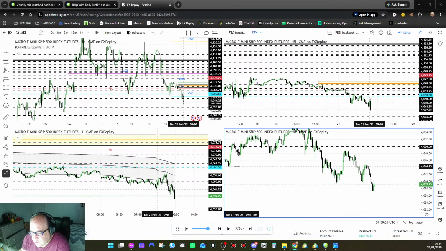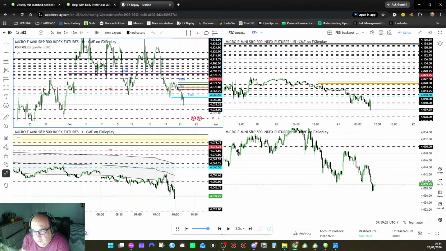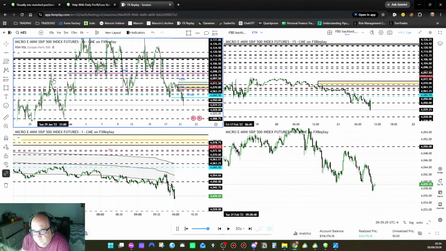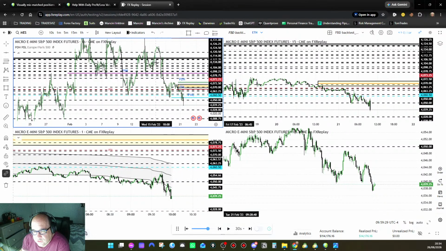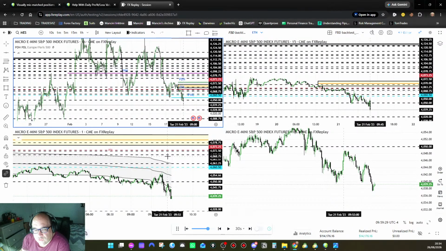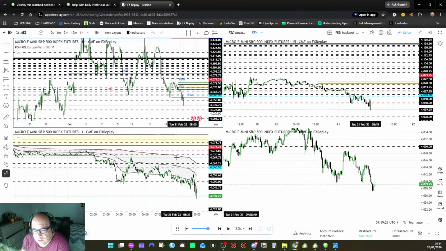Again, now we can see that here I have this level, these are my own levels, okay? But in situations where we see bigger imbalances down, like here, it's wise to have very small targets.